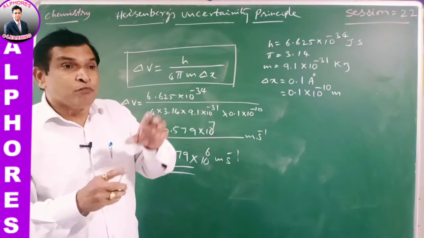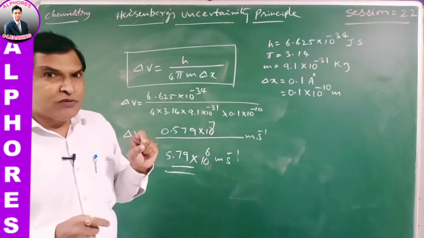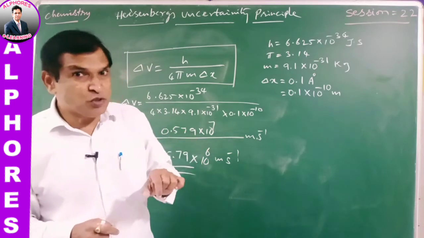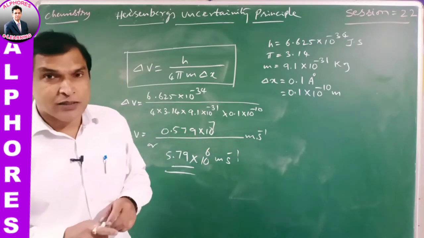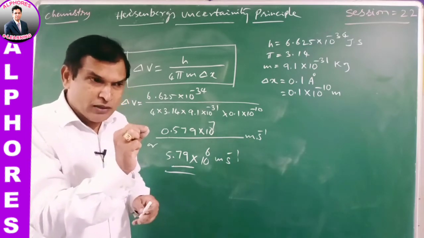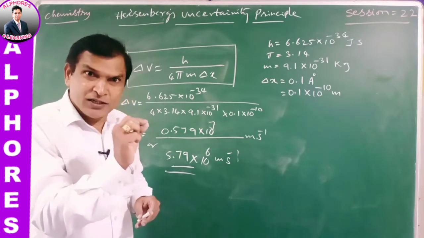That means the wavelength of the light used to identify a particular object must be smaller than its diameter. We know that. So that is why to identify the location of a particular electron, we have to focus high frequency, high energy photon light.